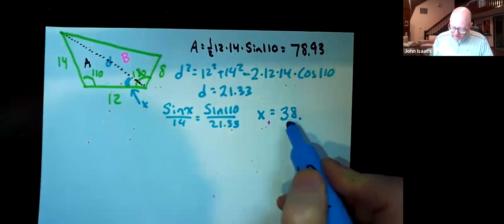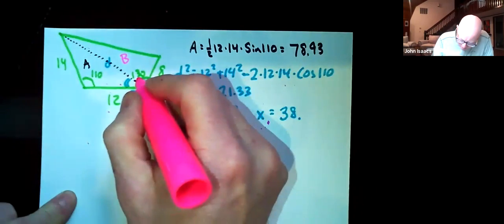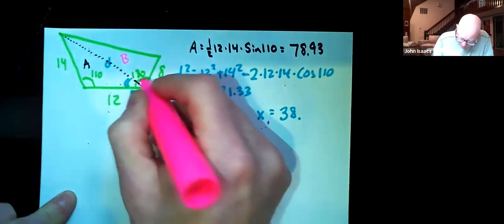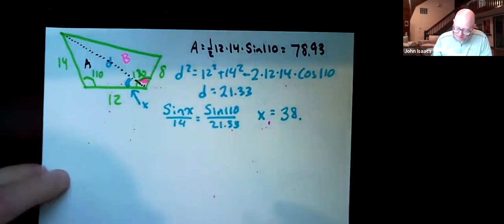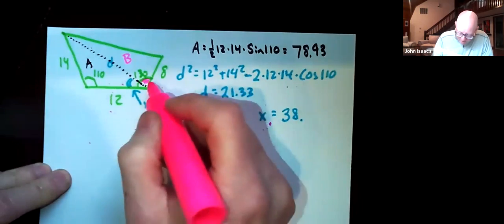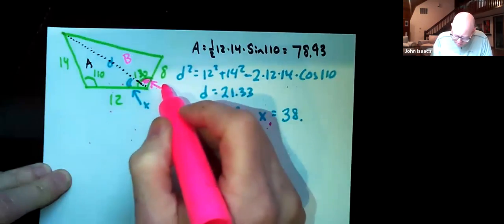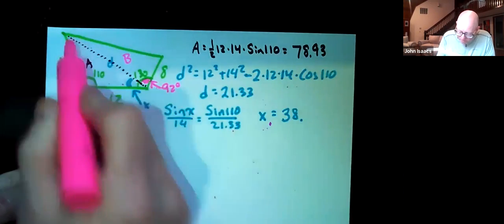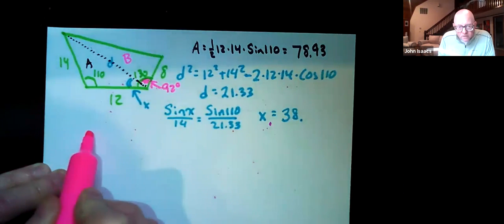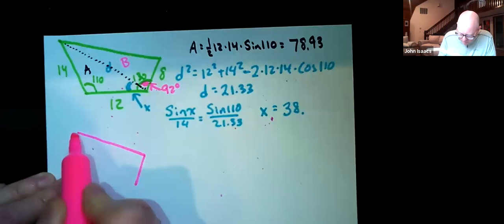Now, if that's 38, that means that the angle here that's actually in triangle B is the balance of that, the 130 minus 38. So that becomes 92, I think. Seems like 92 degrees. And now we have this triangle B. Let's see if I can write it over here.